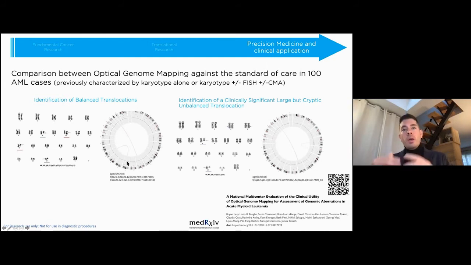But also it showed the potential to identify cryptic events that were missed by karyotyping in this example where a translocation 8;21 was identified, as you can see here, but a translocation between chromosome 4 and 5 was missed and was detected by optical mapping, with a deletion of the 5q terminal region that can have a significant impact to stratify patients in terms of risk assessment.